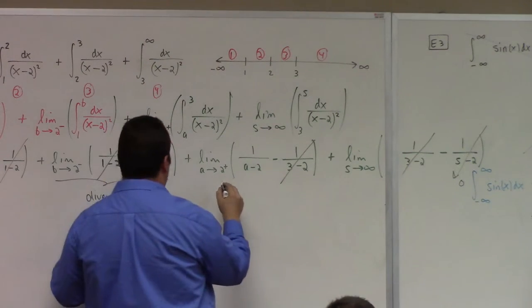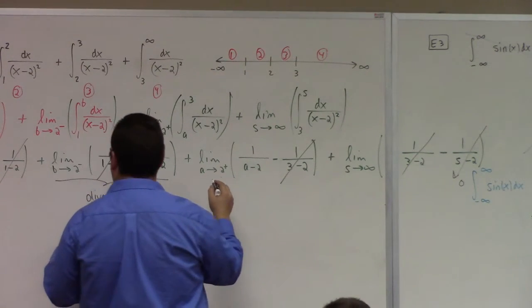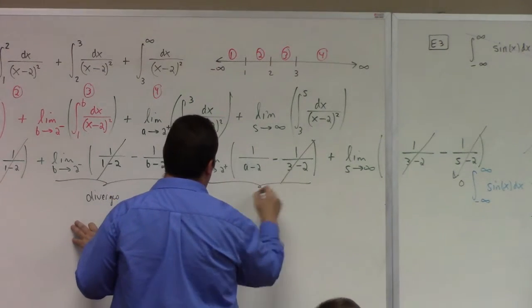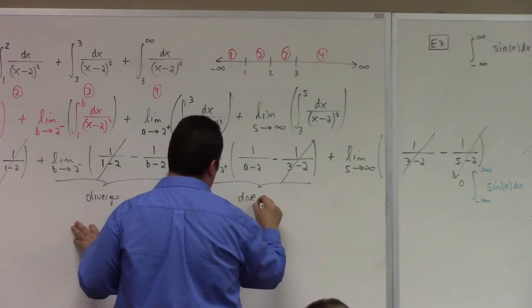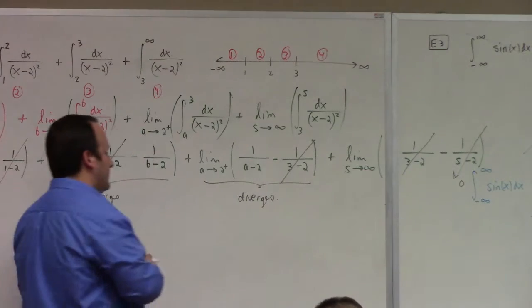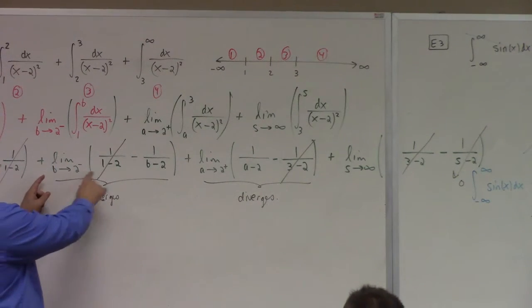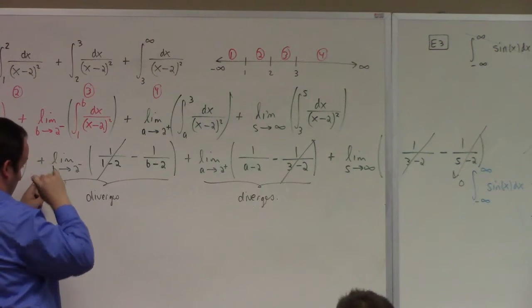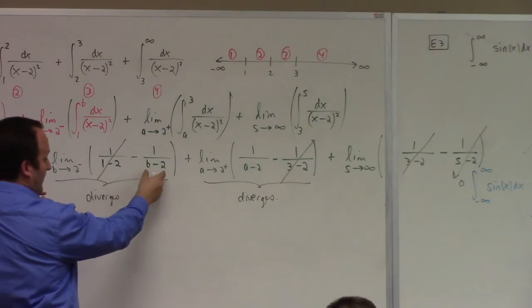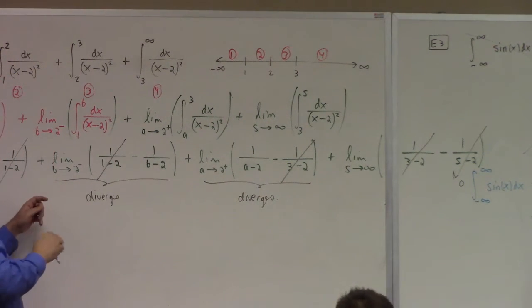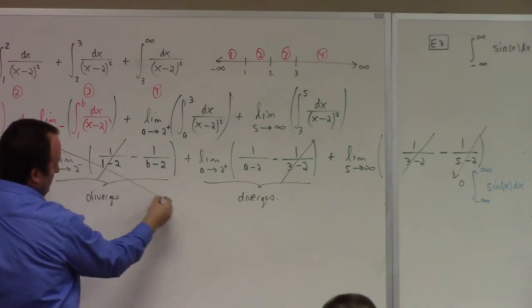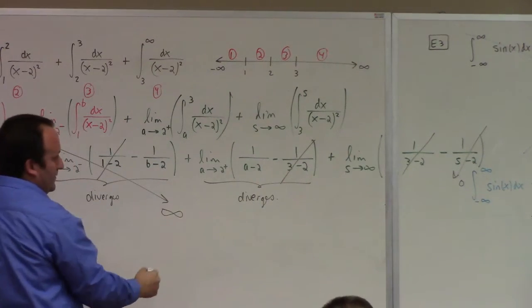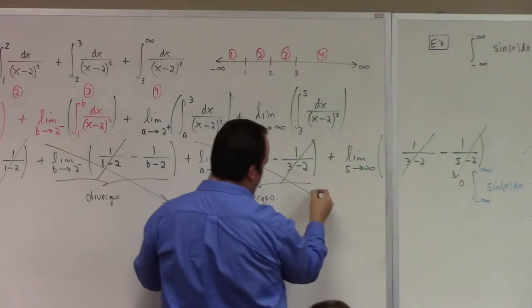And what about this one? Also diverges, right? See, as b goes to 2 from the left, you have a very, very small negative number, so this whole thing blows up to infinity, as does this.